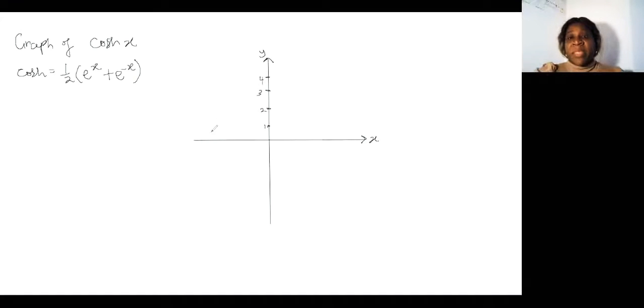Then e to the power of x would be the one that cuts the y-axis at the point when y is equal to 1 and goes towards infinity. This would be y is equal to e to the power of x. And then you would have the same thing but in the opposite direction.